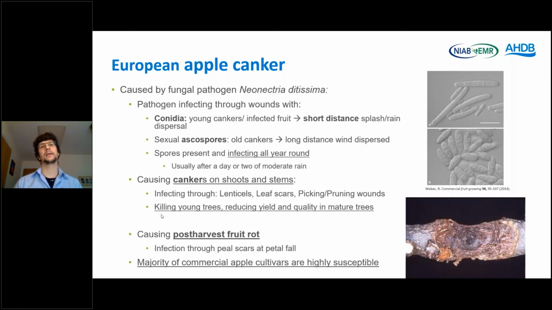They can kill young trees and reduce yield and quality in mature trees, while at the same time Neonectria can cause post-harvest fruit rot as well, when it infects through the petal scars in spring. And probably the most important fact on this whole sheet is that the majority of the commercial apple cultivars are highly susceptible and are normally riddled with canker in a few years.